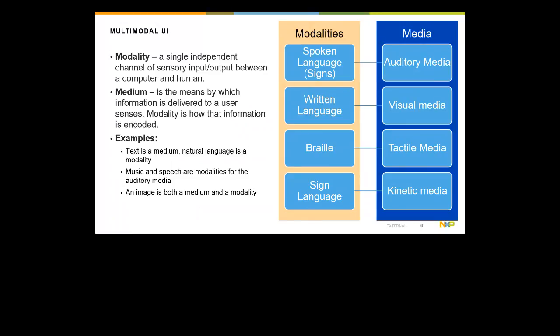What we mean by that is, in the case of natural language, we have spoken language, written language, Braille, and even sign language. Each of those is a language in and of itself, but they are accessed through a variety of media.